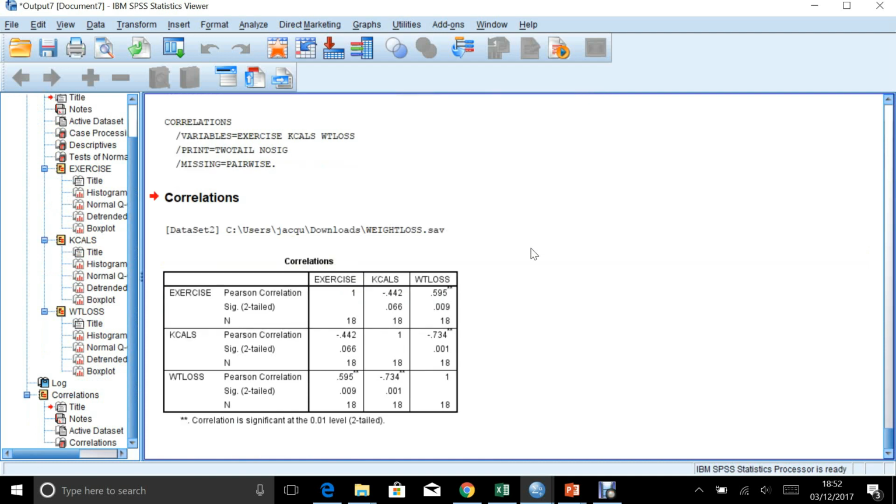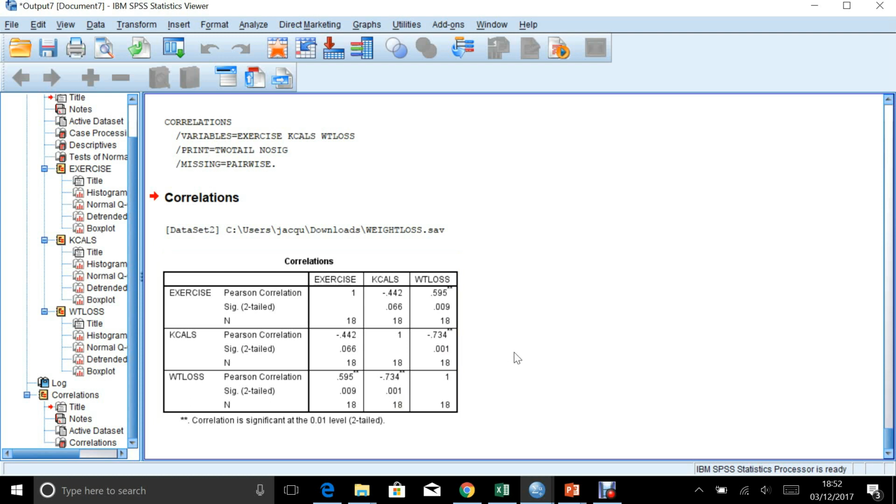So here we have our correlation matrix, and we can see that there are some significant results. We can see food intake is not significantly correlated with exercise. Weight loss is, and if we look at weight loss and food intake, we can see that it is significantly correlated as well, and it's negatively correlated.